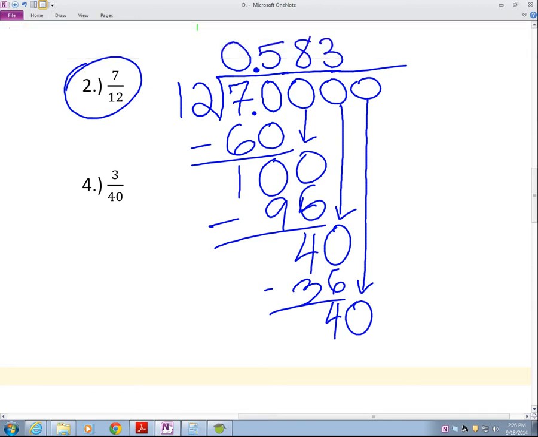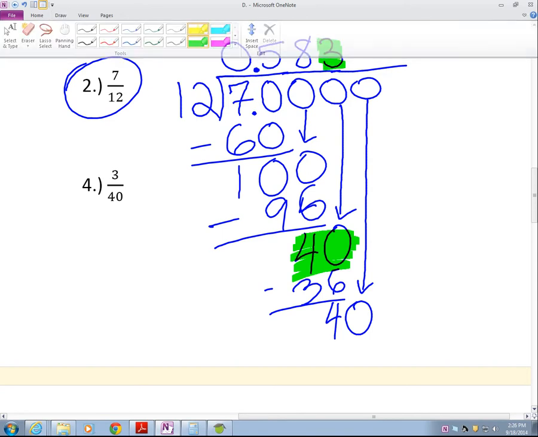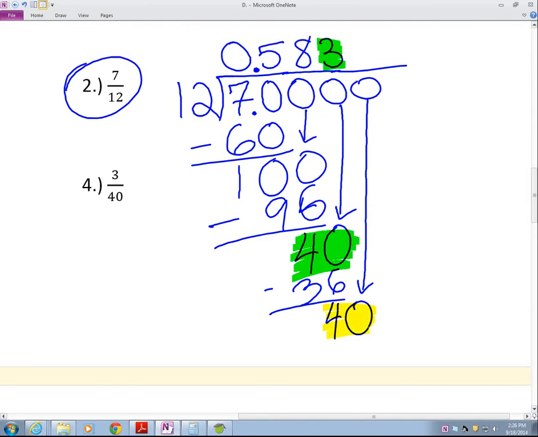This is what you should notice. We had a number come down here of 40. And 3 times 12 is 36. Fine. Okay, I'm going to continue to keep going. But then we saw that the remainder was 40 again.